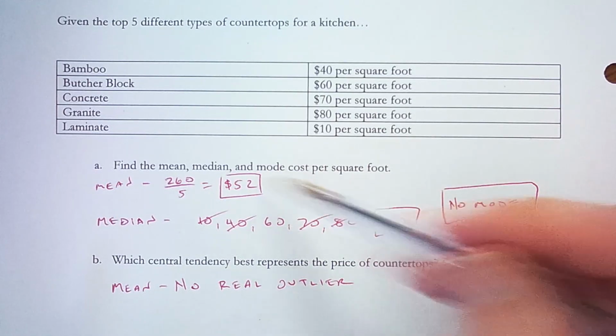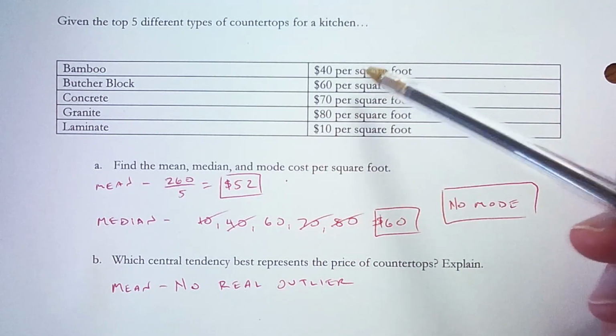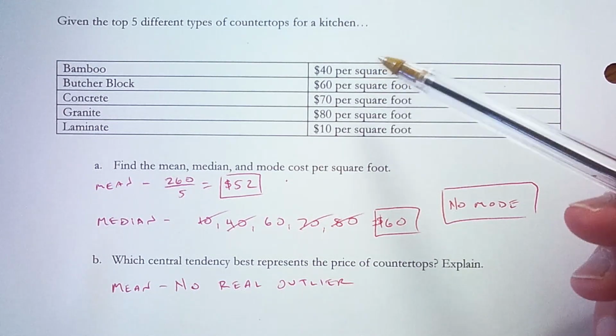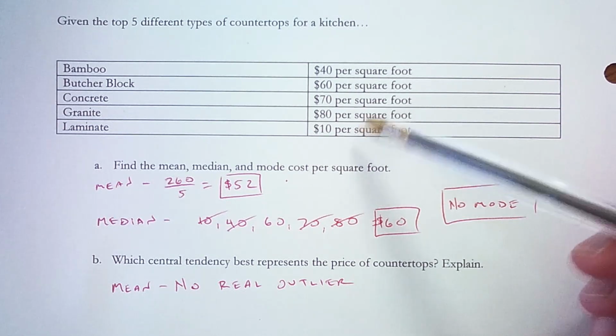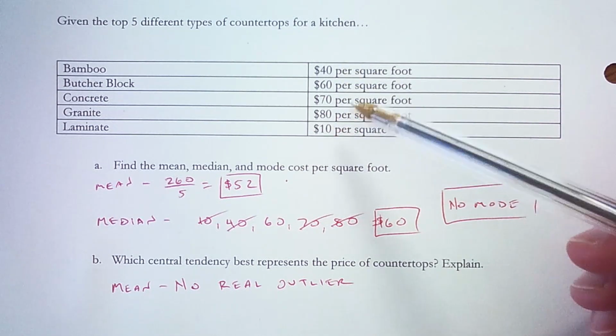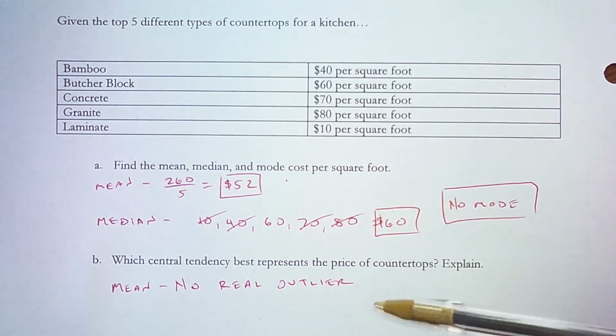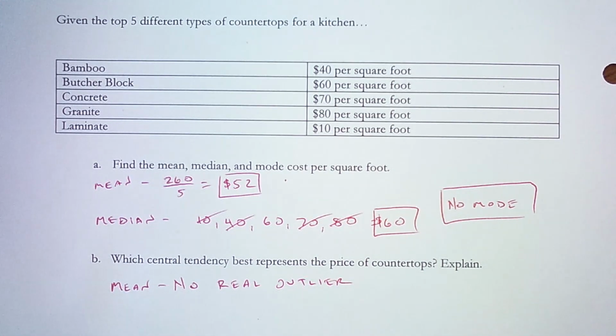Median is not bad. They're pretty close. If there was one type here that was $200 per square foot, I would say that would be a pretty big outlier. It's significantly far from the other pieces of data. So this 10, I would say, not really a big outlier. So mean would be a pretty decent measure of central tendency here.